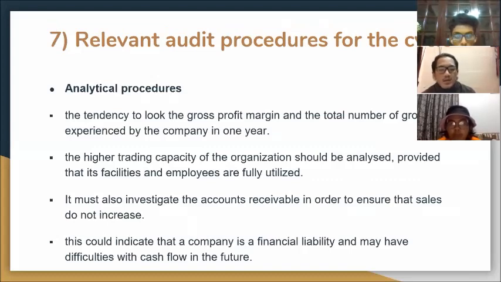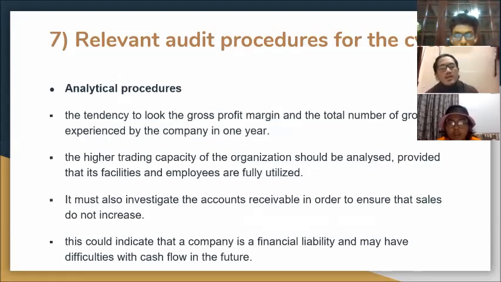Okay, next are the relevant audit procedures for the revenue cycle. First is analytical procedure. Look at the gross profit margin and the total growth experienced by the company in one year.